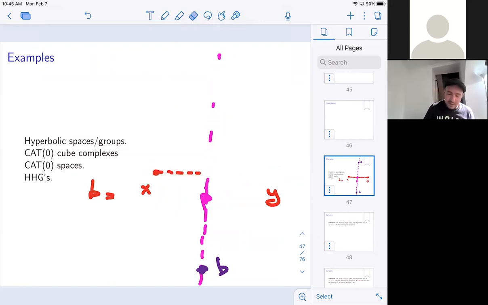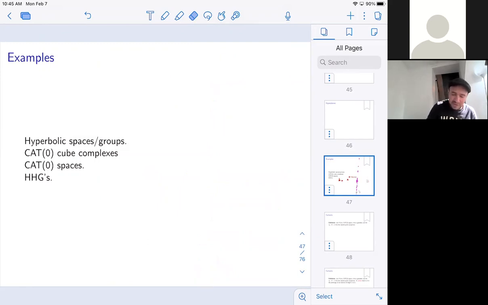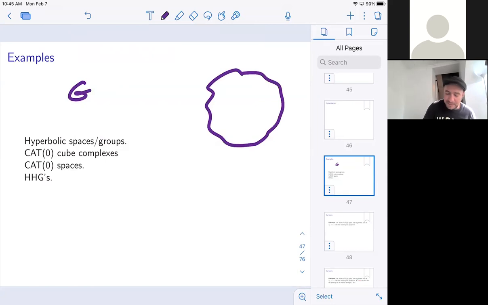So another class of spaces that satisfy this property is HHGs. Maybe I'll give you the idea of how that works. HHGs already come with a family of hyperbolic spaces.